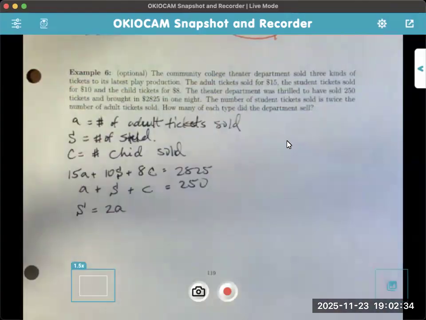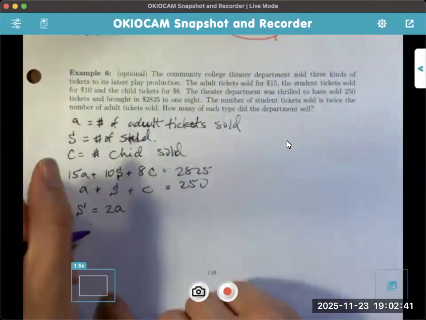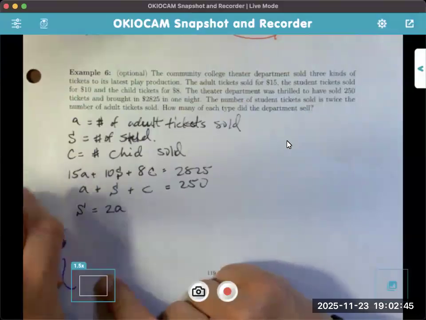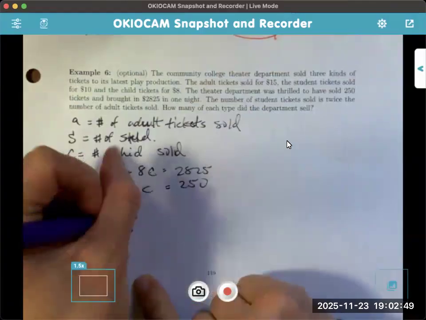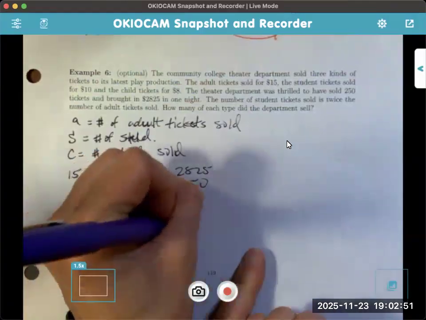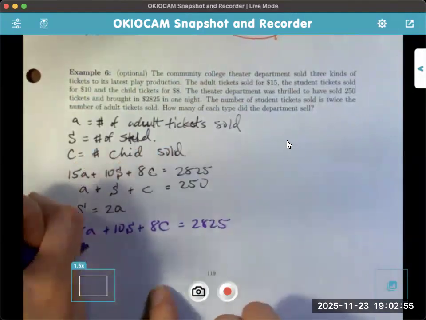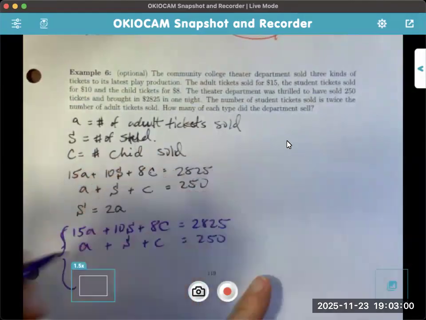So here, what you'll do is you'll create a system, but you'll want your A column, your S column, your C column. So here you'll have 15A plus 10S plus 8C equals 2,825. A plus S plus C equals 250.